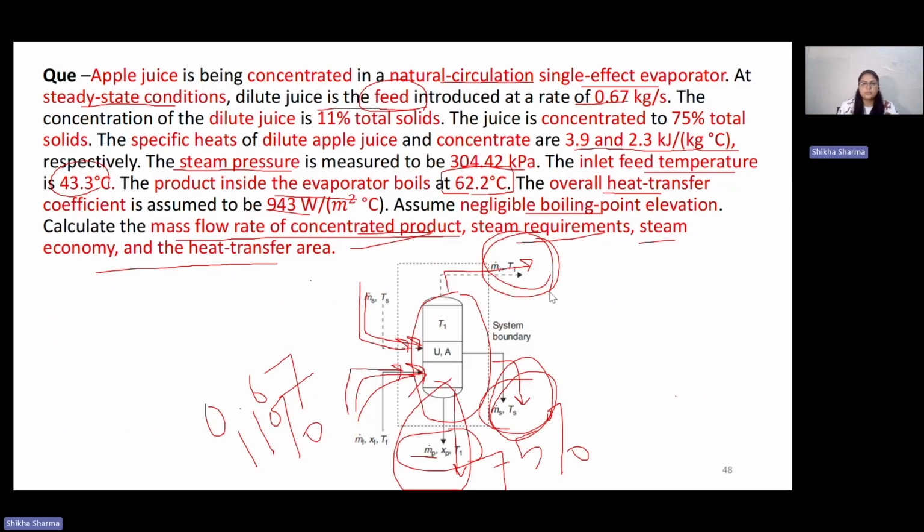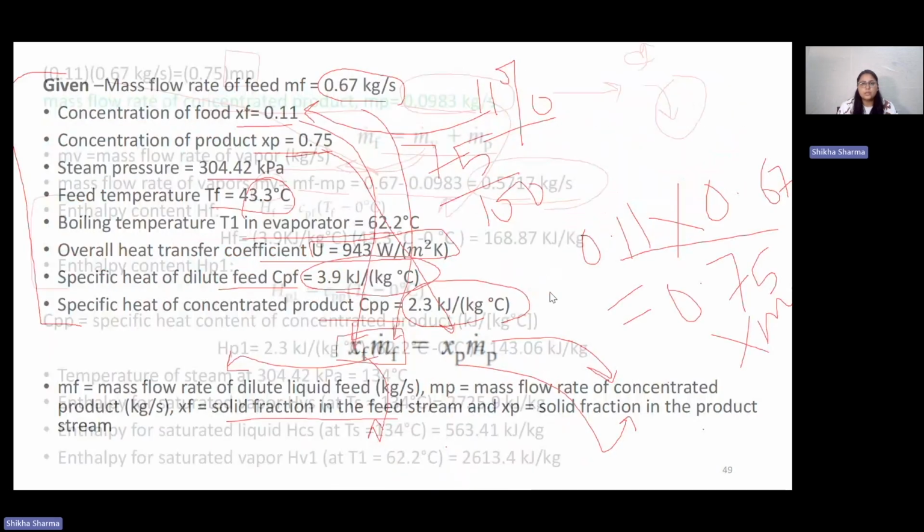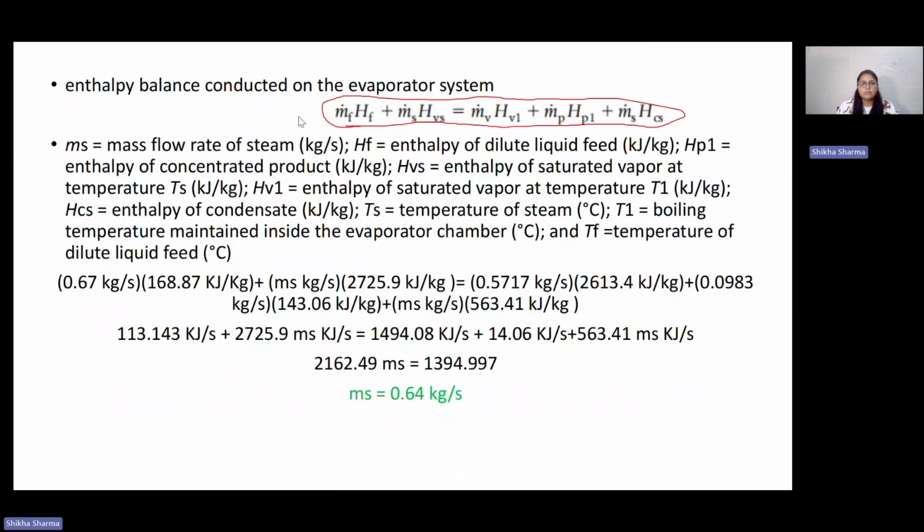To calculate this, we need different terms, so we'll calculate the different enthalpies first and then put them in this equation.